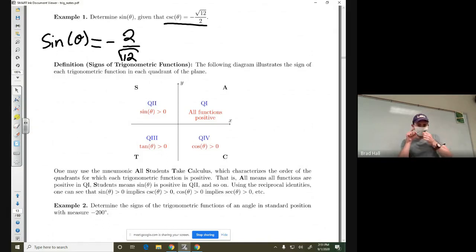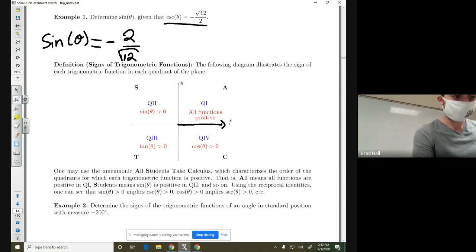I provide this diagram here, and the way that you would interpret it. So I listed what the quadrants are. Quadrants 1, 2, 3, and 4. They go in a counterclockwise direction. And it tells you where your terminal side ends up. So let's say you're drawing an angle somewhere.